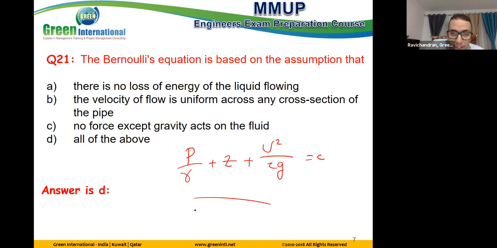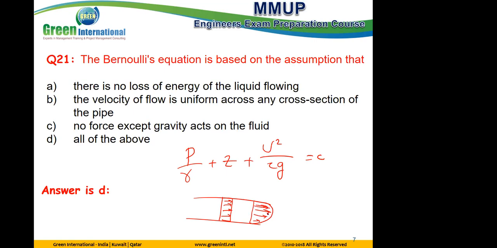If you check the pipeline, if the velocity is not uniform, it can't be represented by one value. If it is not ideal, it is real like this, so the velocity here is not constant.